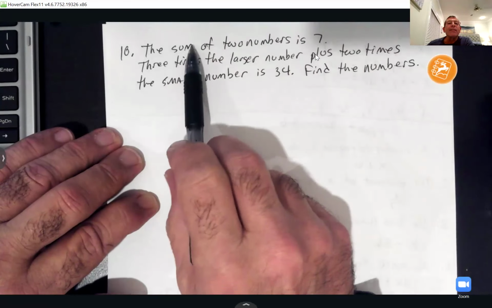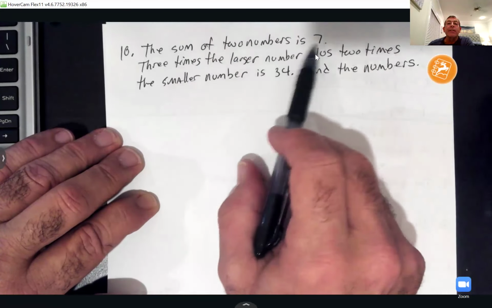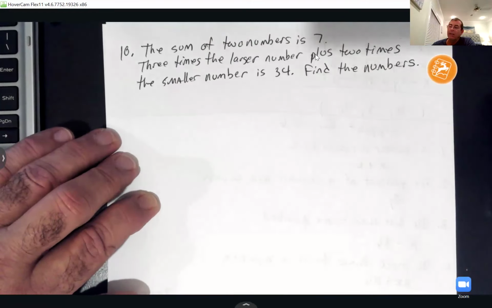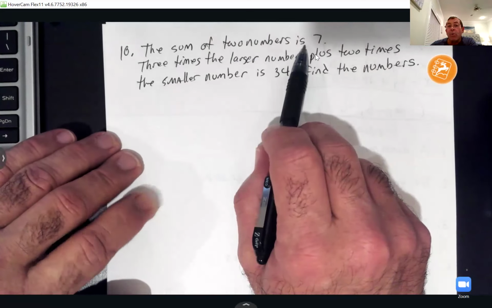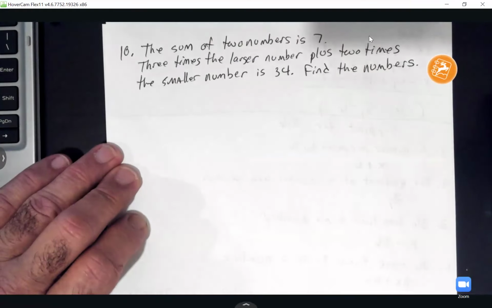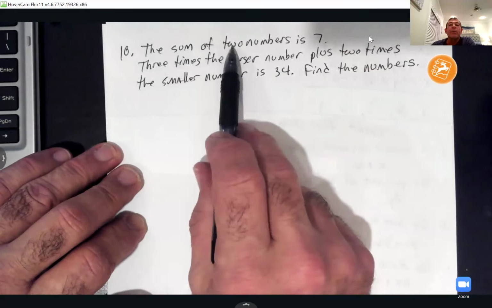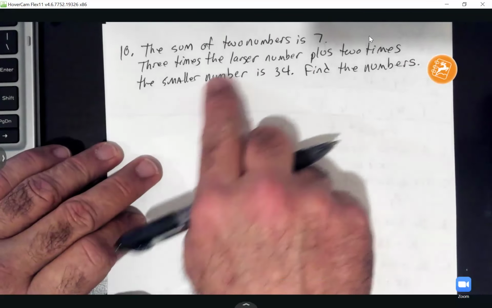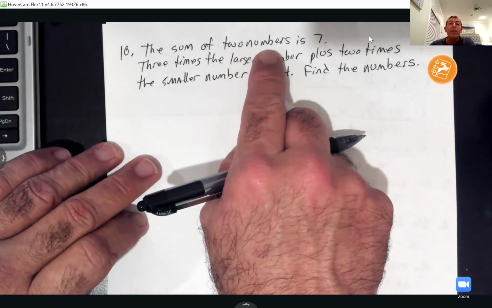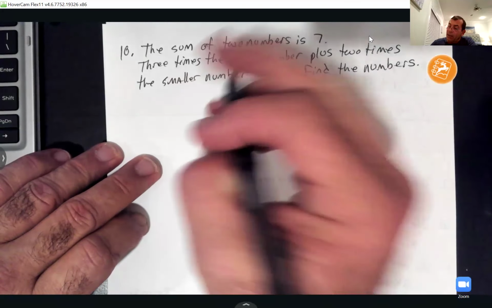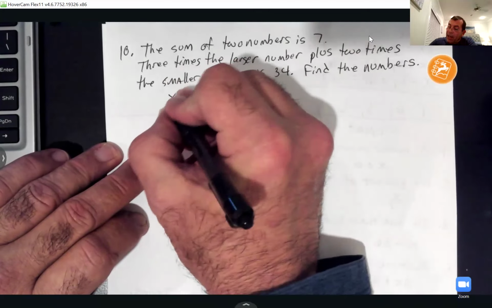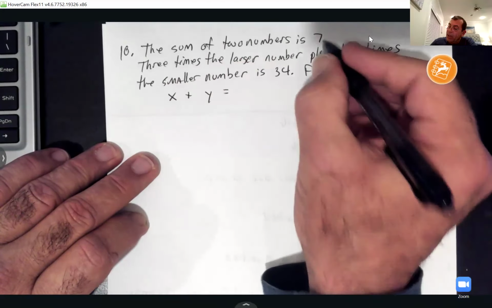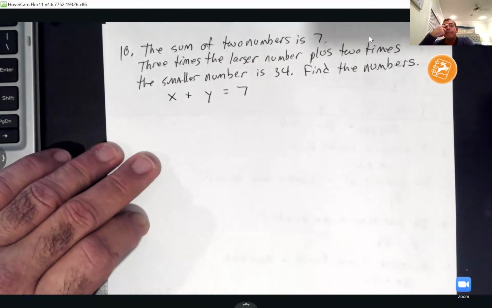So y'all write me a sentence that tells me this equation. The sum of two numbers is 7. Now remember, is means equals, okay? So how would you write the sum of two numbers? You don't know those numbers. So I'm just going to call these variables. We'll have X plus Y, and we know that equals 7.